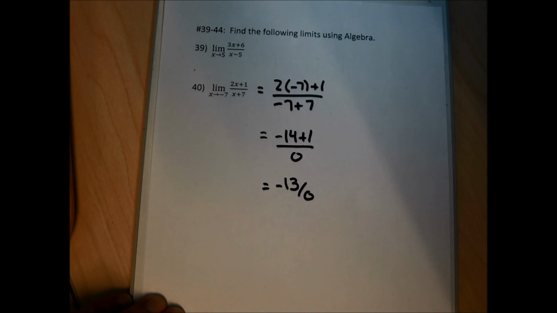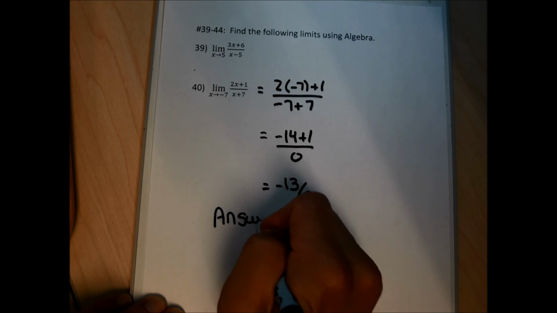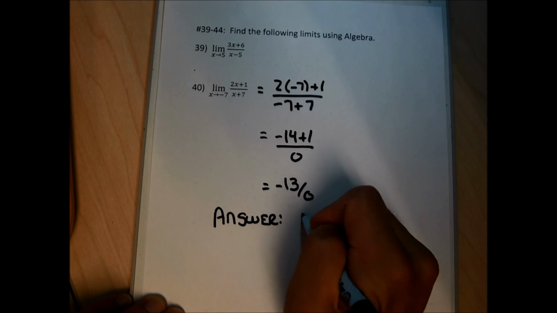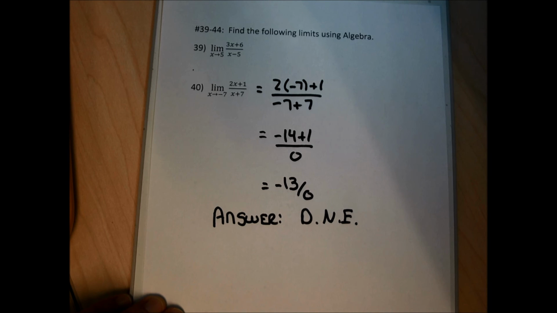When I'm trying to find the limit of a fraction, and I get a 0 in the denominator and not a 0 in the numerator, that limit doesn't exist, and there isn't any bit of algebra I can do to make the limit come out because it doesn't exist. So my answer to problem 40 is the limit does not exist, and I write DNE for does not exist.